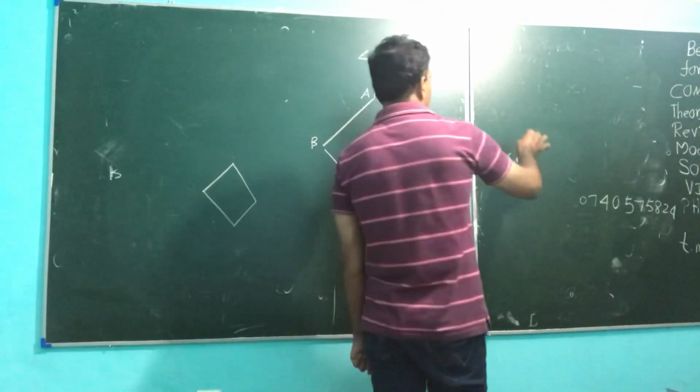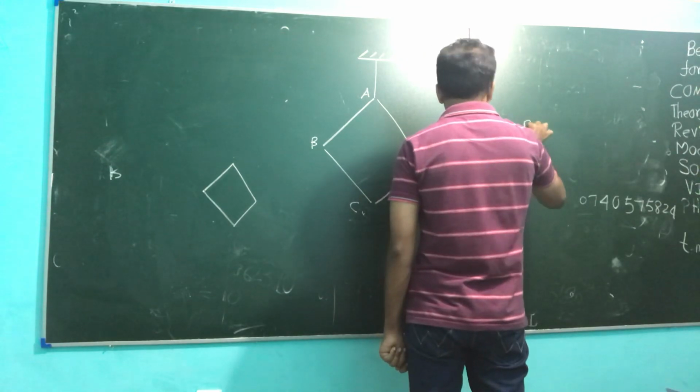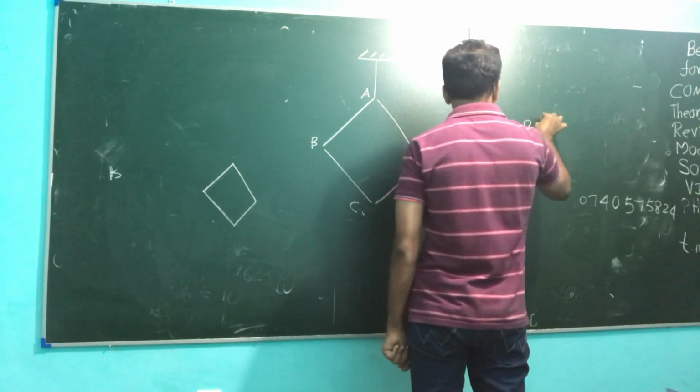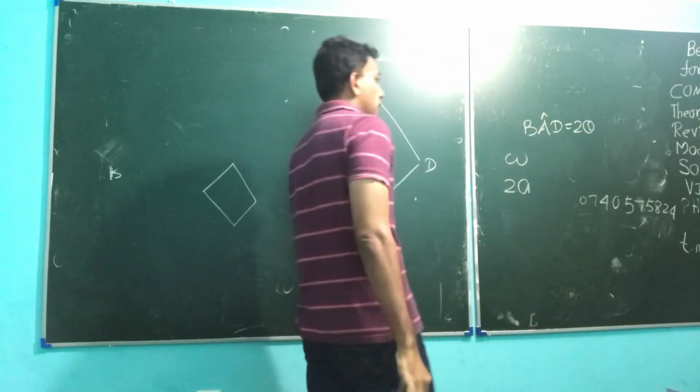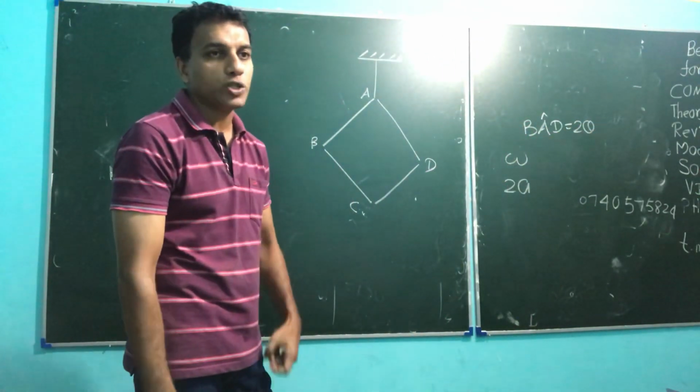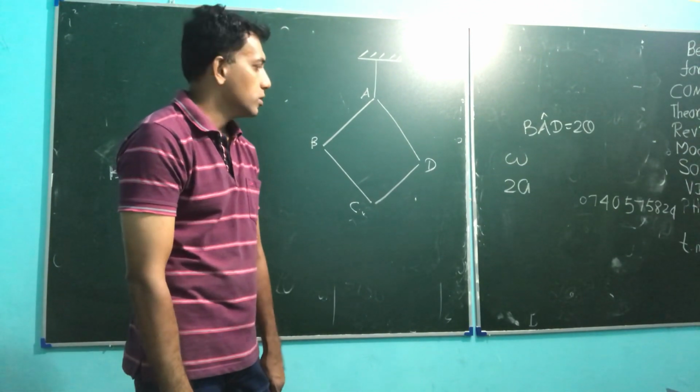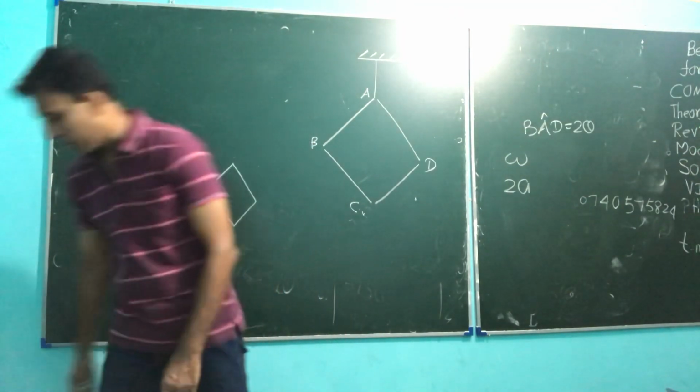Right, another important part I didn't mention here: angle BAD is 2 theta. Angle BAD is 2 theta. Okay, we'll work now. See, simple.